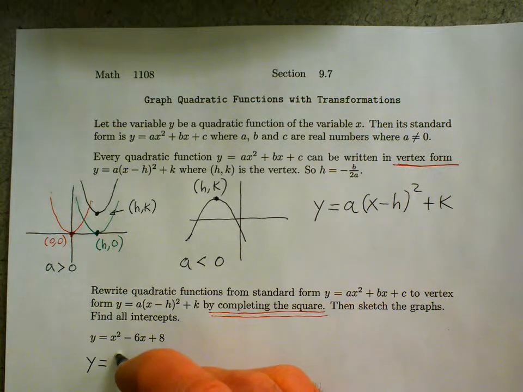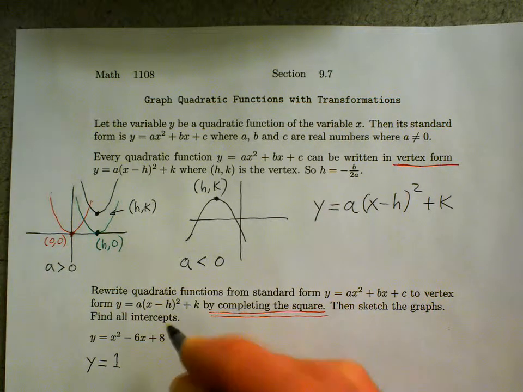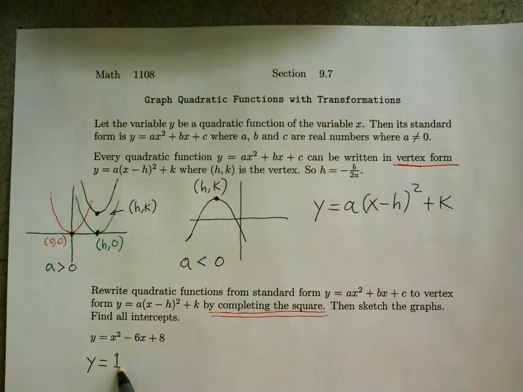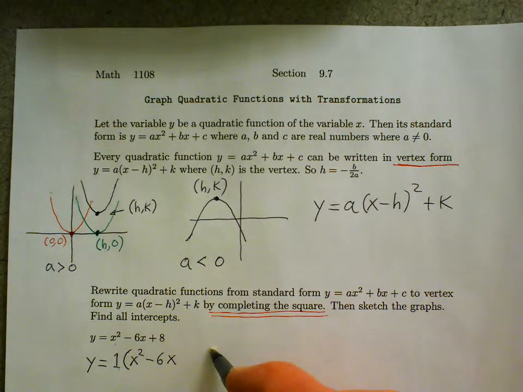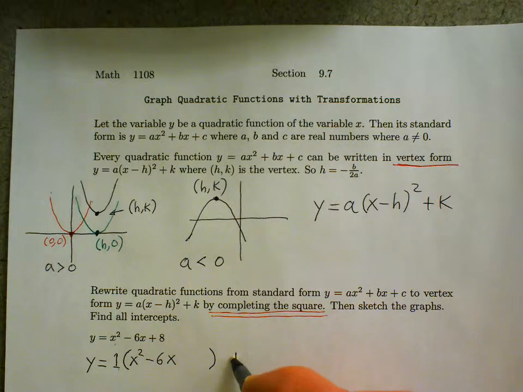And when you factor 1 out of something, nothing changes. But we'll go through the motions anyway. So the leading coefficient is 1. Factor that out of the x squared term and the x term. So we have x squared minus 6x in parentheses. I'm leaving a little bit of space here, and you'll see why in a minute. But the constant, we leave that alone, and we put that on the outside, plus 8.